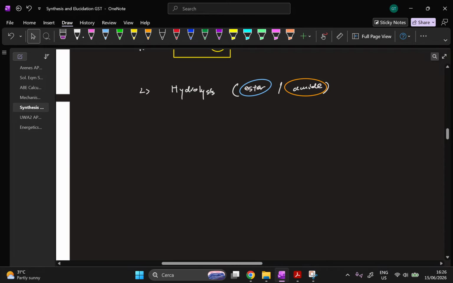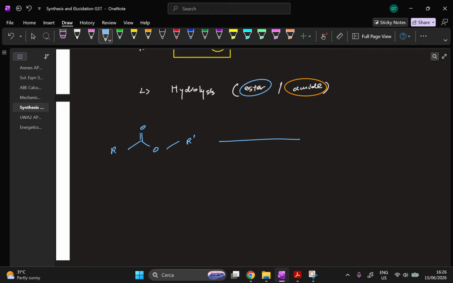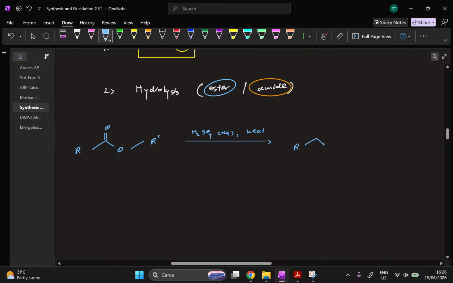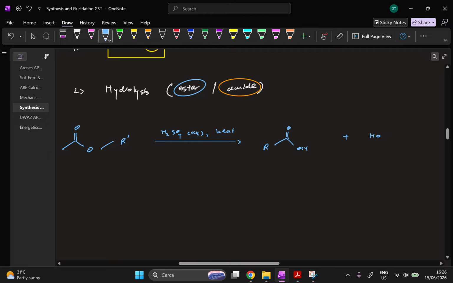So let's say if I have an ester, for example, RC double bond O, this thing here is my ester linkage, COO, and then I have another R group, let's call it R prime, okay? If I have acidic hydrolysis, then it's going to be H2SO4 or dilute H2SO4 aq and heat. So this is my acid hydrolysis. This thing on the left is going to become a carboxylic acid, correct? And then this is also going to give me an alcohol.